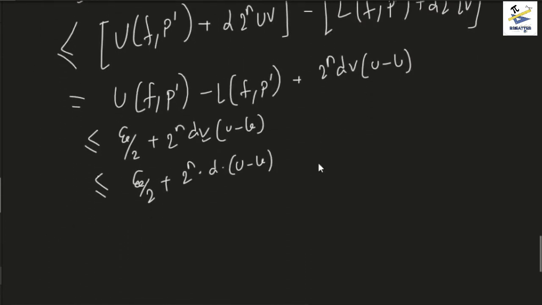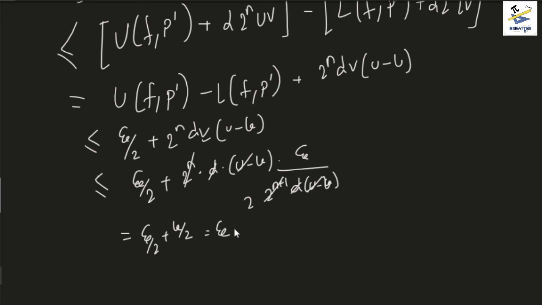So epsilon by 2 to the power n plus 1 into d into u minus l. And therefore this cancels out, and this also cancels out, and what you get is epsilon by 2 plus epsilon by 2 equals epsilon.